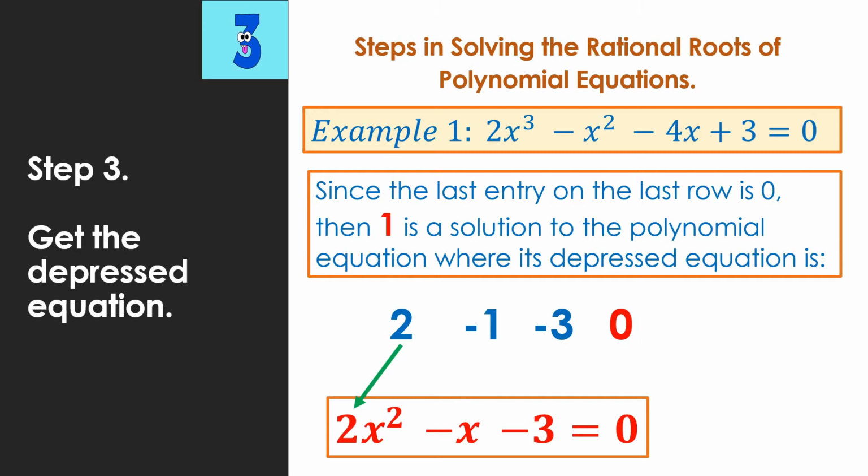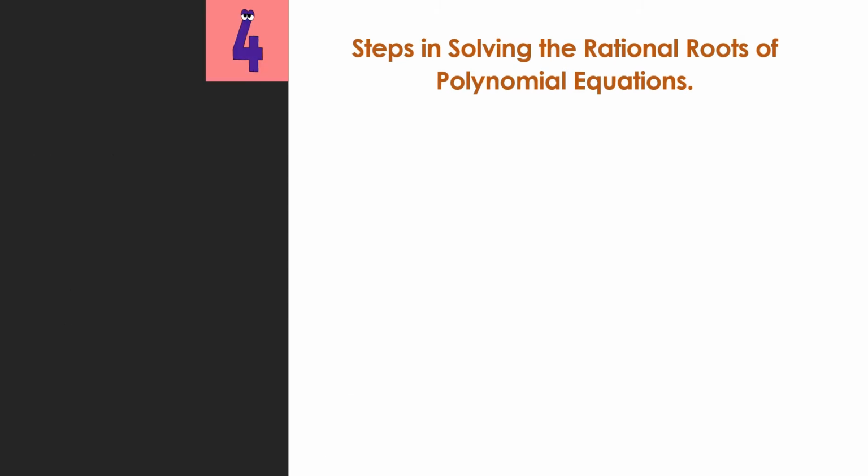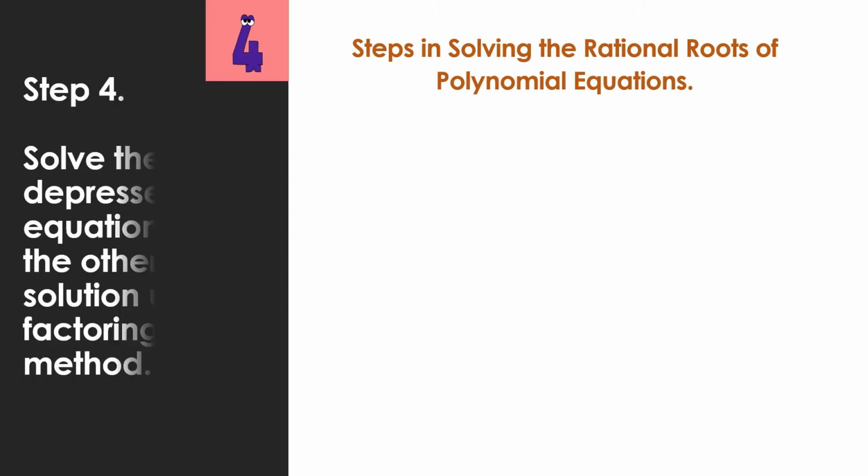The degree of the polynomial equation is 3, minus 1 equals 2, will be the degree of the depressed equation, 2x squared. And then, negative 1 to negative x. And then, negative 3 equals 0. So, the depressed equation is 2x squared minus x minus 3 equals 0.